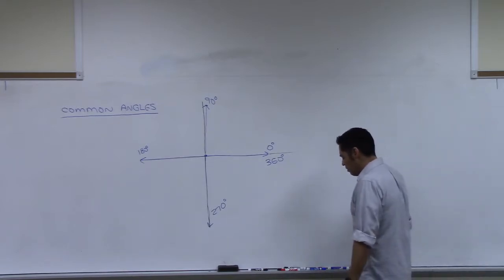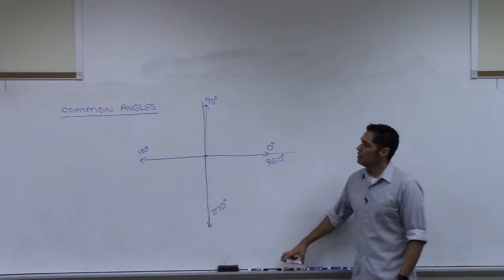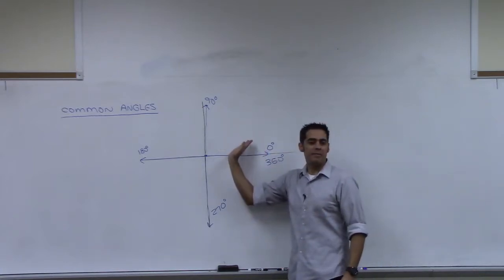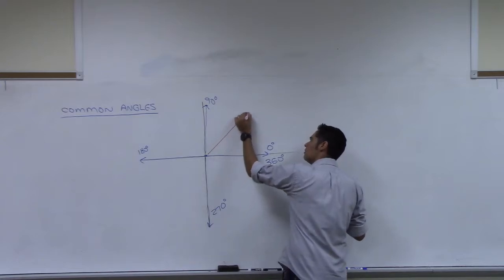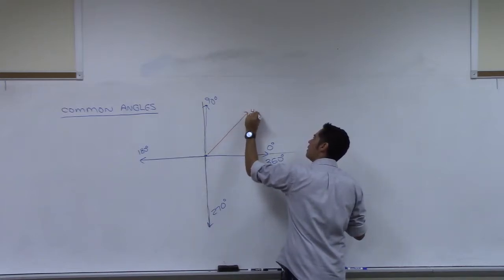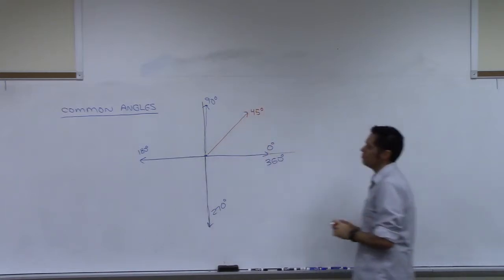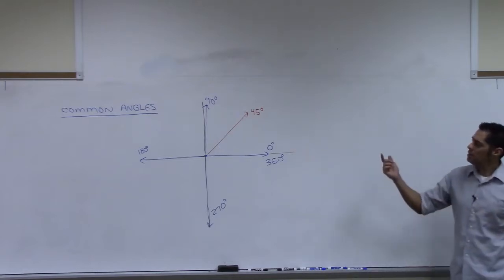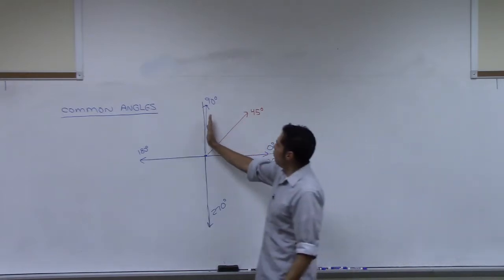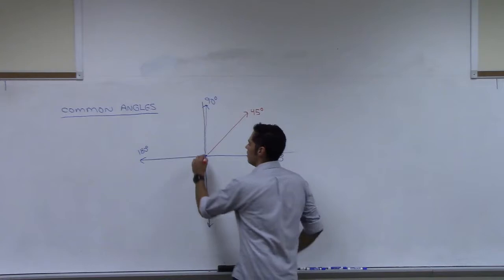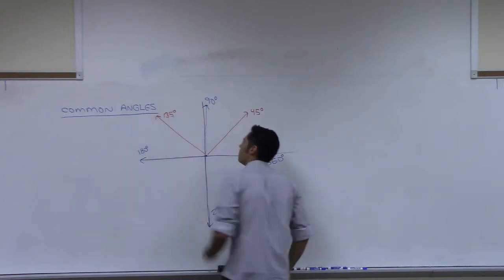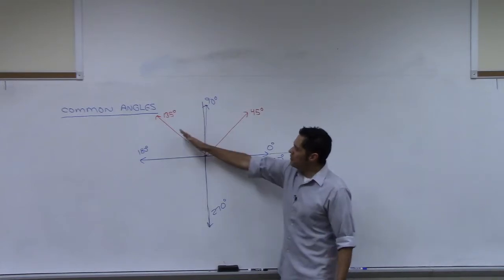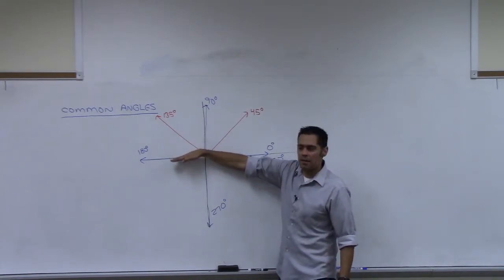The next group is going to come from cutting the 90 in half. If I cut 90 in half, I have this very important angle. Half of 90 is 45 degrees. And then if I add 45 to 90, I get 135. Then if I add 45 again, I get 180, and then 45 again.